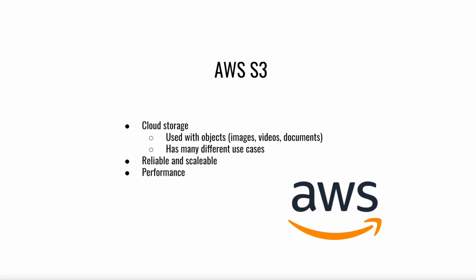It's used with objects, images, videos, documents, anything that is a digital object. Obviously, physical objects can't make it onto the server. And it has very many different use cases. S3 is reliable and scalable, and it's built with performance in mind.